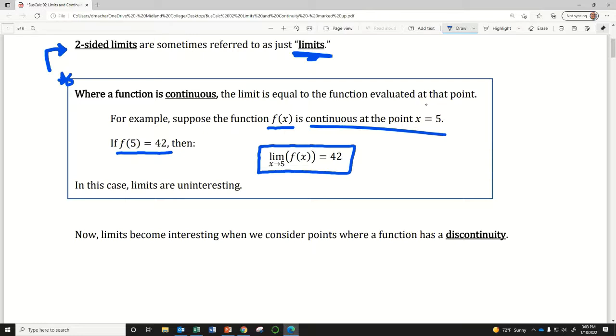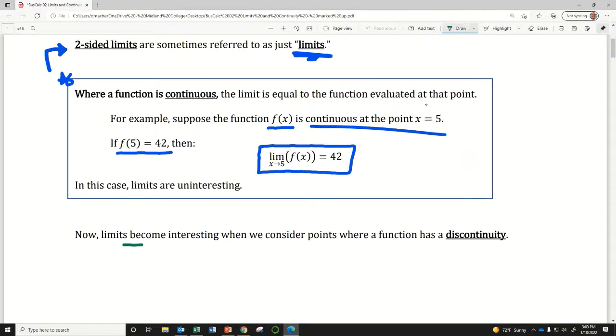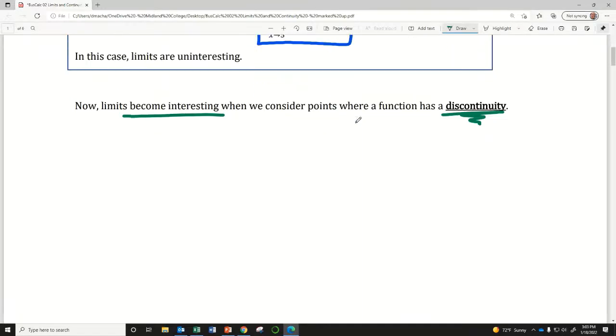And so in this case, the whole concept of a limit is really not that interesting, right? The limit of the function is just the value of the function if the function is continuous there. But we're actually going to find that limits do become an interesting concept to think about when we consider points where a function has a discontinuity. So it's at those discontinuities where we actually care about what the limits are.